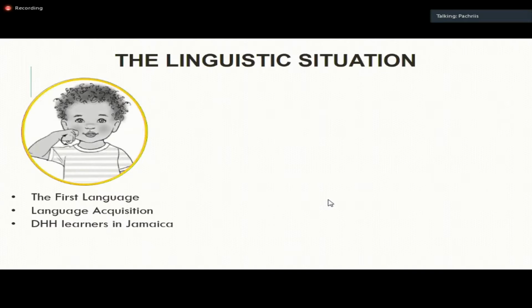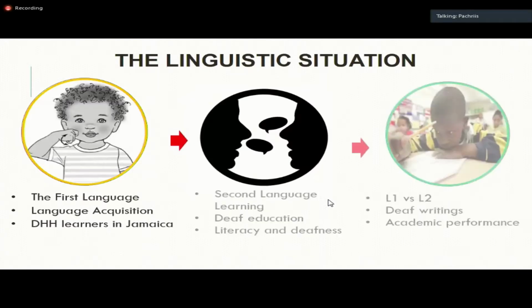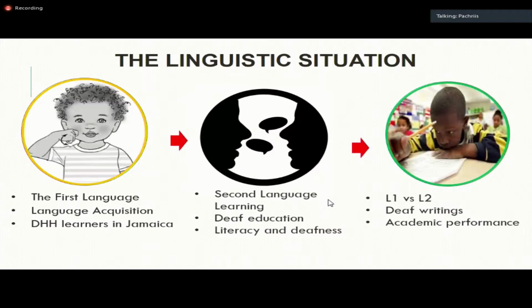And the deaf learners in Jamaica, because of delayed entry to school, oftentimes are not exposed to other deaf learners, and so they have delayed language acquisition, which in effect causes language developmental delays also.